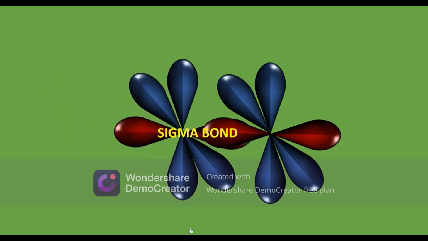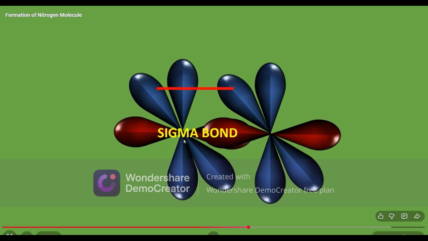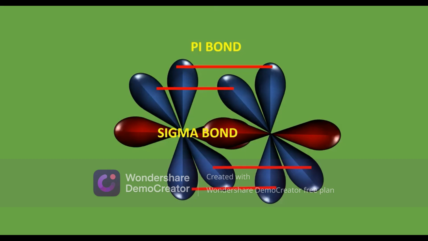So when 2px overlaps, we get a sigma bond. These two, the vertical ones, this vertical one and this vertical one, will form a bond. The side tilted ones will form the second bond. So remember to draw a line between the top half of the tilted one and the bottom half of the tilted one, and another line between the vertical top half and vertical bottom half. So we have 3 bonds in nitrogen.